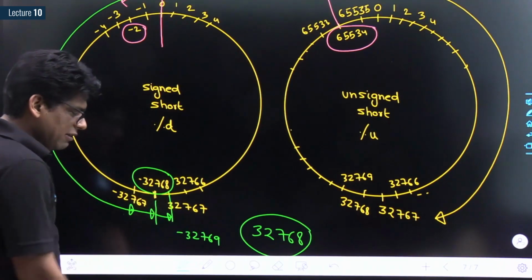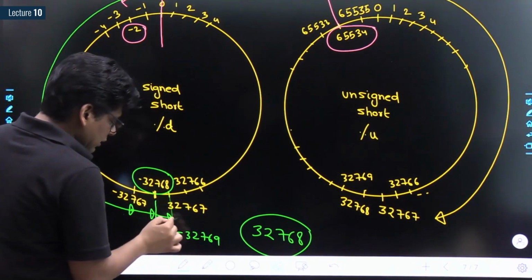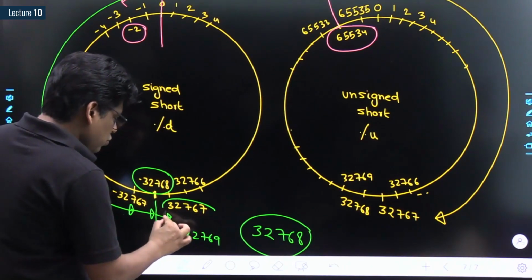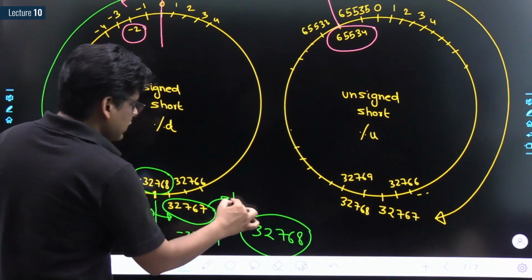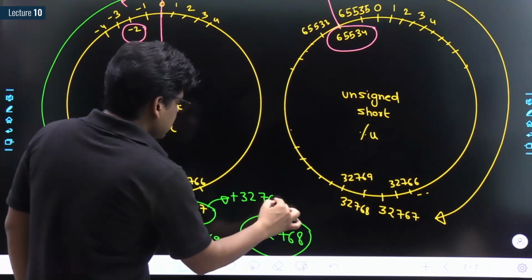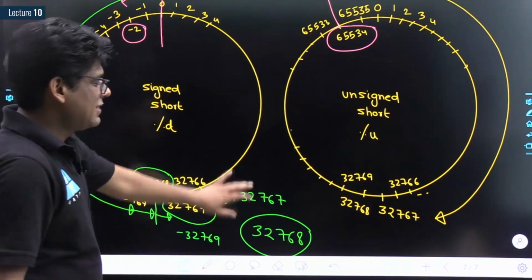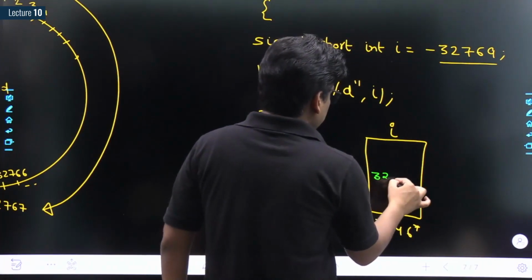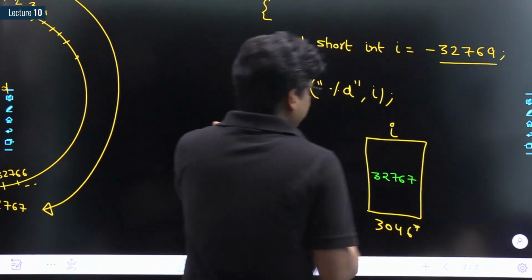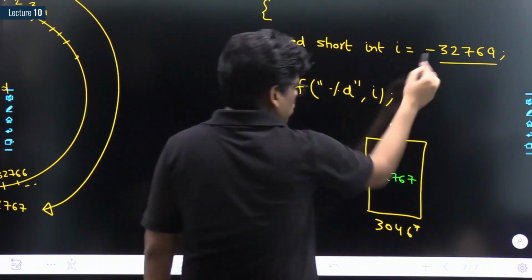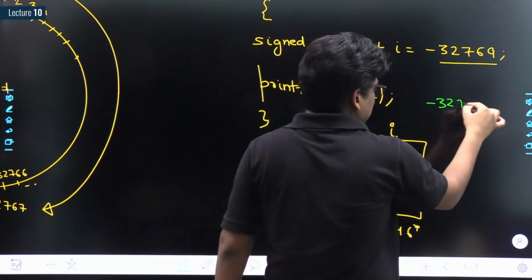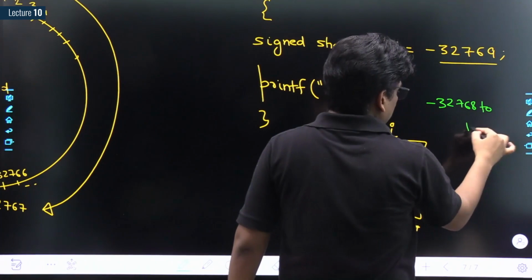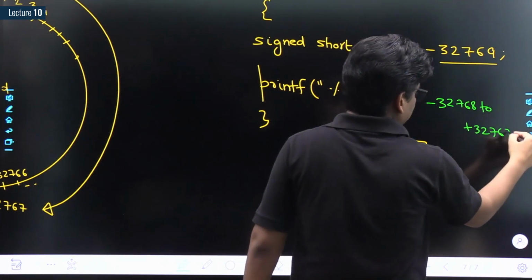So what is the value that goes inside our variable? Sir, it is 32767, a positive 32767. Try to understand this. We cannot store minus 32769 because the range is minus 32768 to plus 32767.